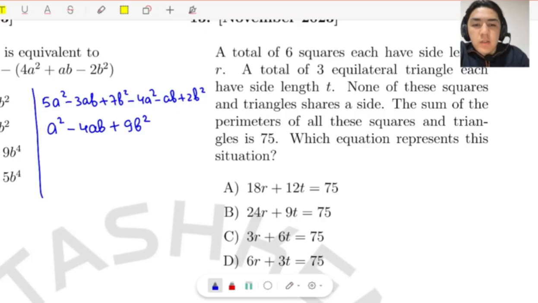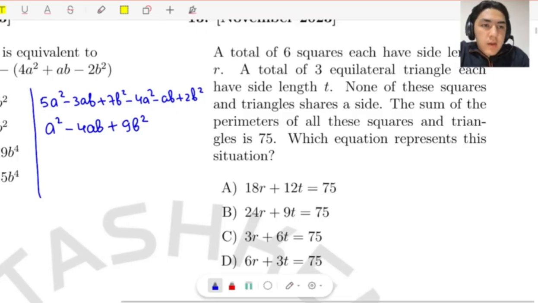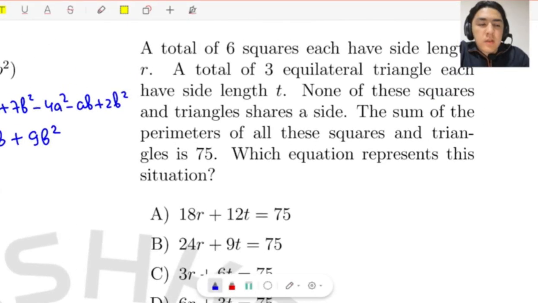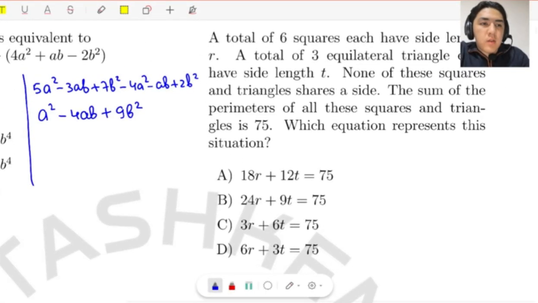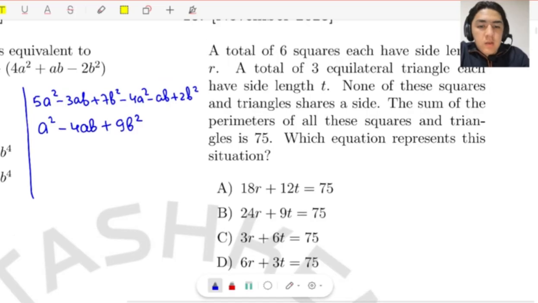Which equation represents the situation? So here you have to remember these things they are talking about, I mean, perimeters. How do you find the perimeter of the square, and how do you find the perimeter of the triangle? And this is an equilateral one actually.